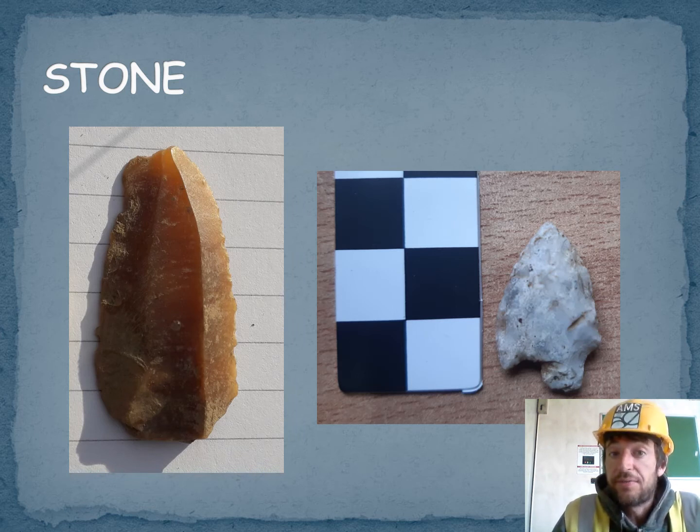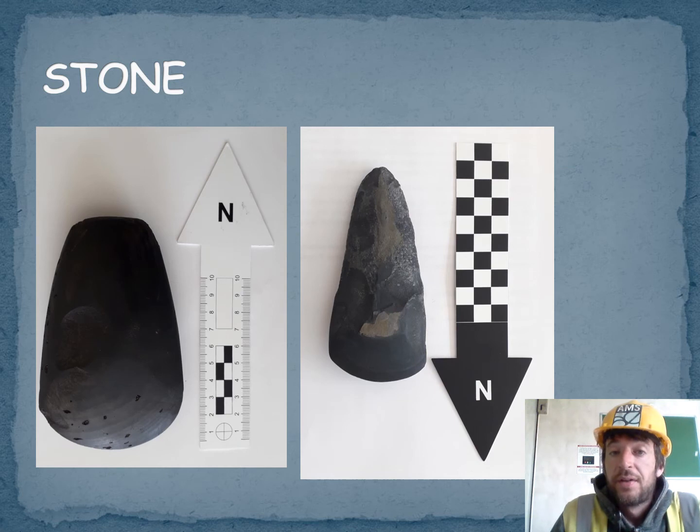Here is the beginning of the artifacts. So on the left is a flint blade, and on the right is a flint arrowhead. Here are two polished stone axes.